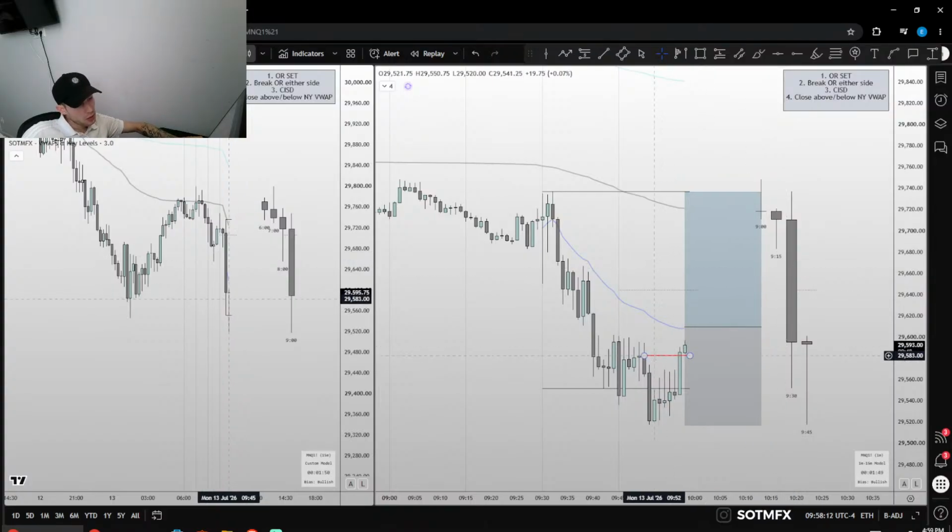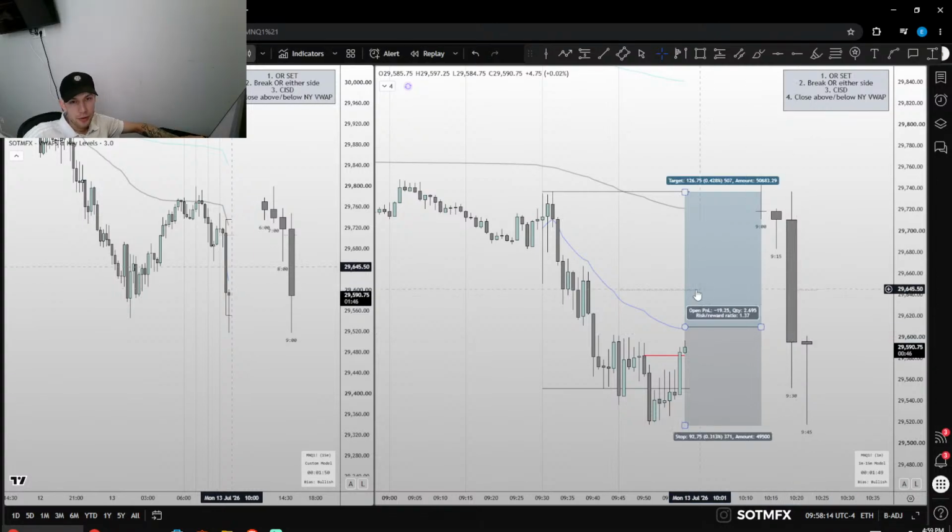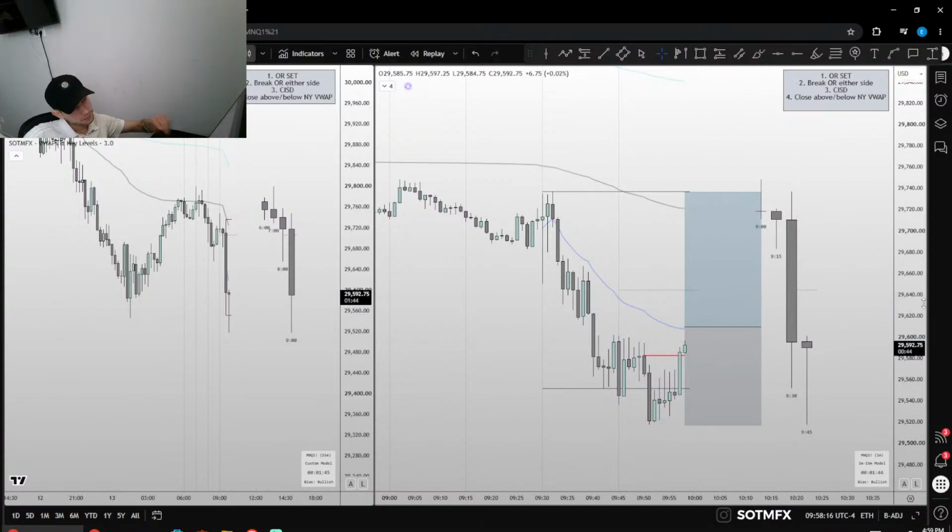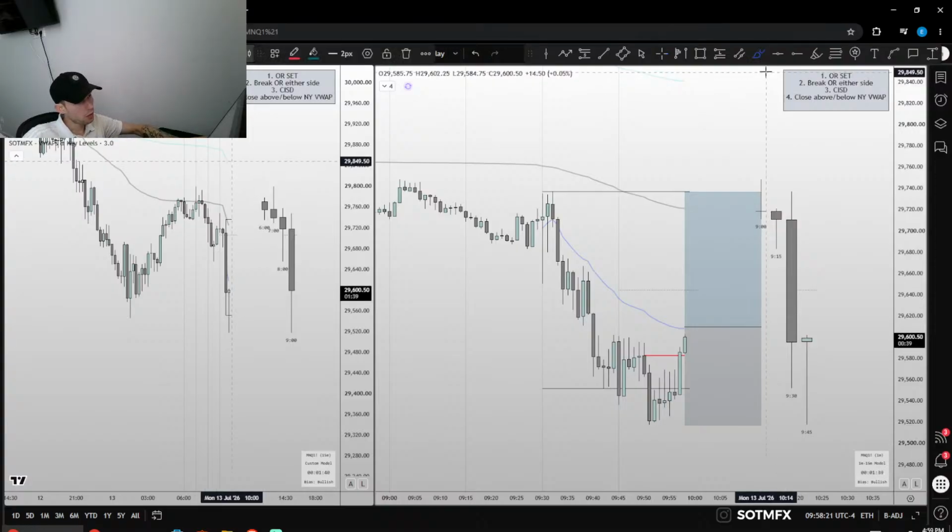Alright, now I will delete this one because my indicator just marked up everything for me. So now I have all three: I have number one, number two, number three. Now number four is price to close above the New York.